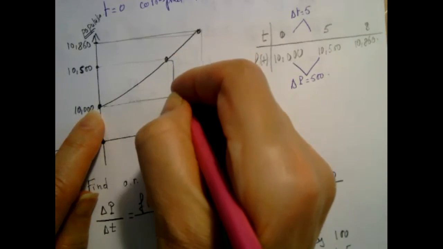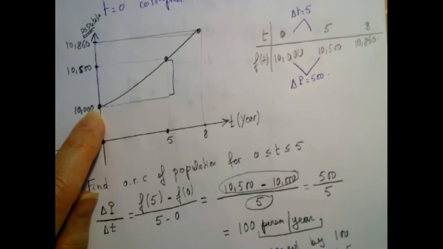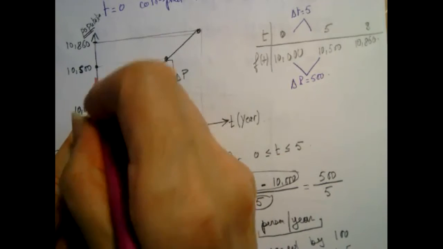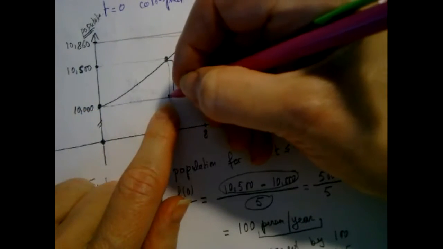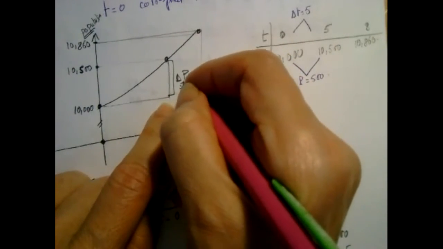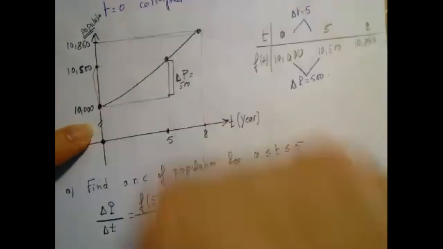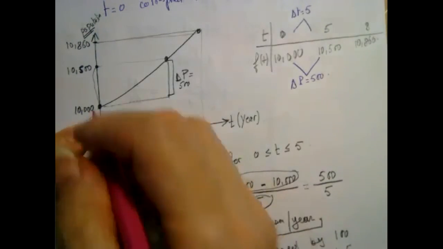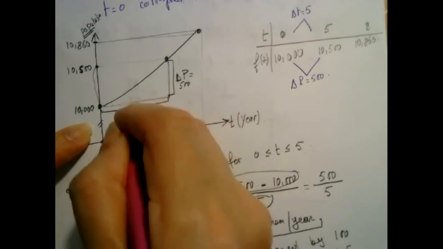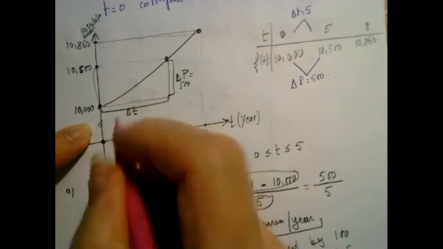So from here to here, that's the change in population. From 10,000 to 10,500, the population grew by 500. That's how we visualize the 500 on the picture: by how much the population grew. From here to here, that's by how much the time changed.